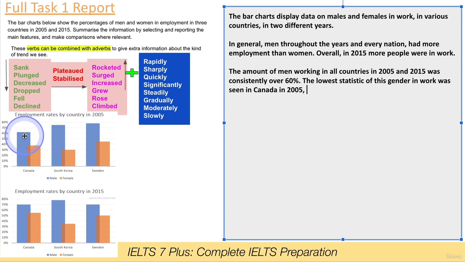And so we have a 10% gap here. That looks about 62%. So now we need to be careful because we don't want to report on absolutely everything.